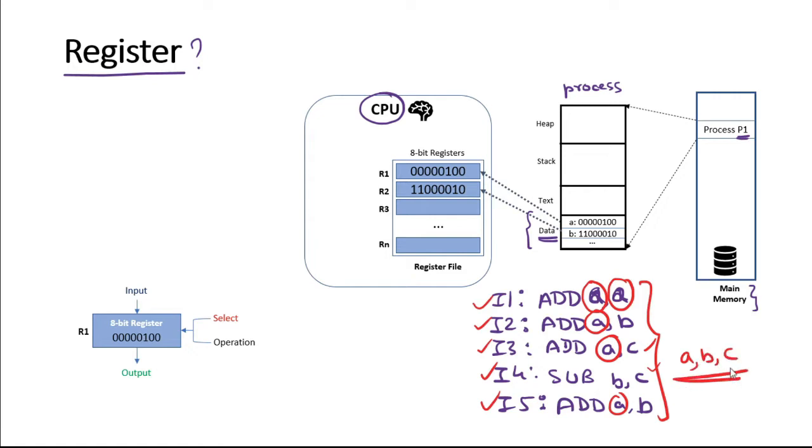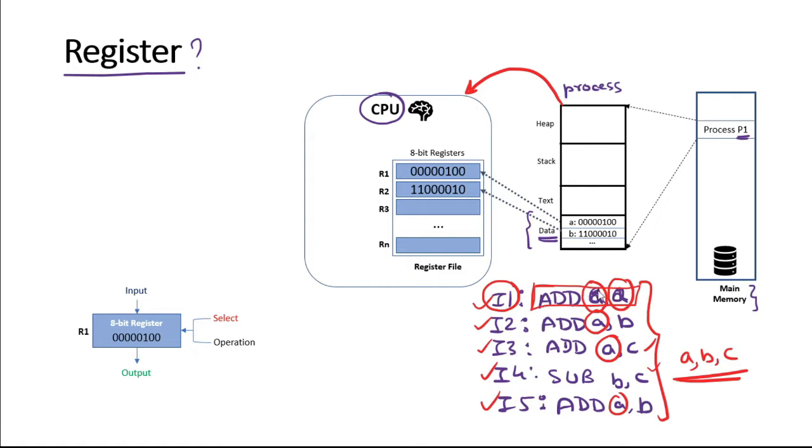While processing, it might take the same variable multiple times for any kind of processing. So what happens is, the first instruction I1 gets executed by the CPU. First instruction 1 gets into the CPU. Now the control unit checks that it is an add operation.